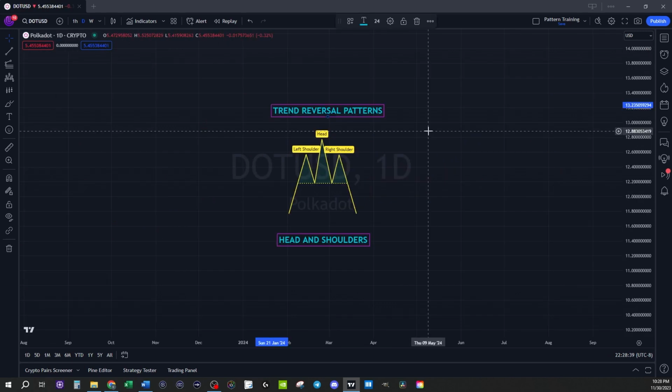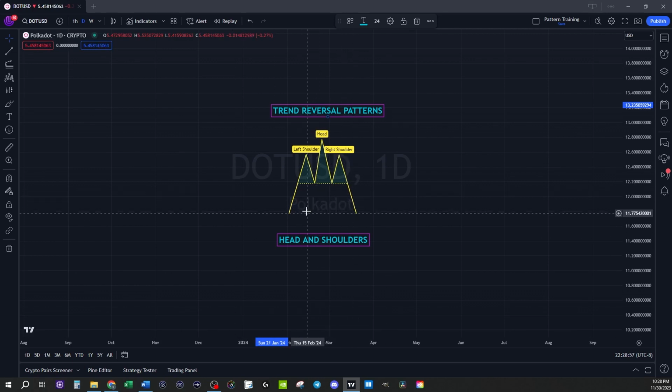Now, last up, head and shoulders, and the inverted head and shoulders. Very similar to the triple top, the head and shoulders pattern forms when price stalls at 3 levels. This time, the middle peak is higher than the outer 2. This pattern is considered a stronger indication of a reversal because the third peak forms a lower high, which shows that there is a loss of momentum and that a greater chance of a possible trend reversal is close.